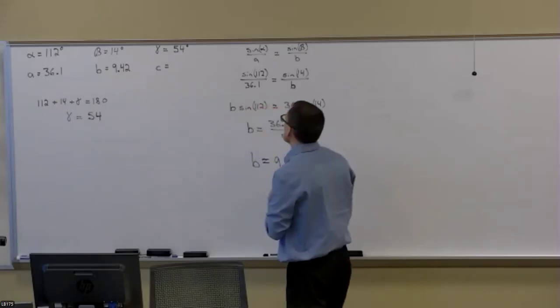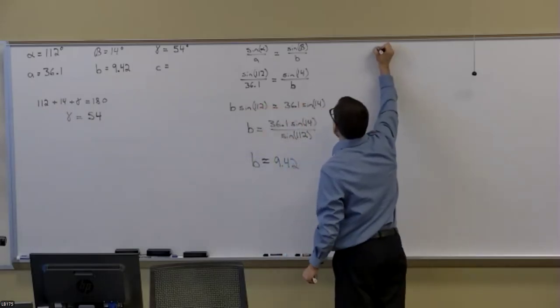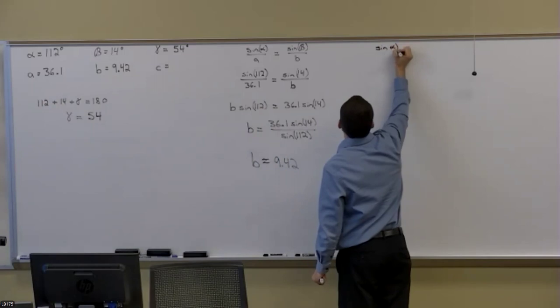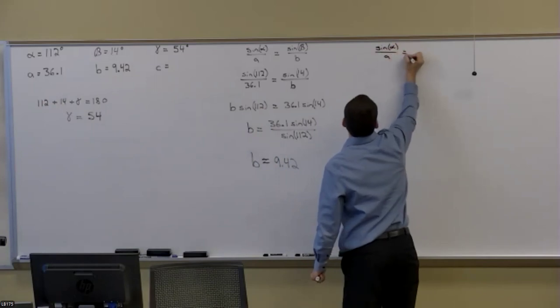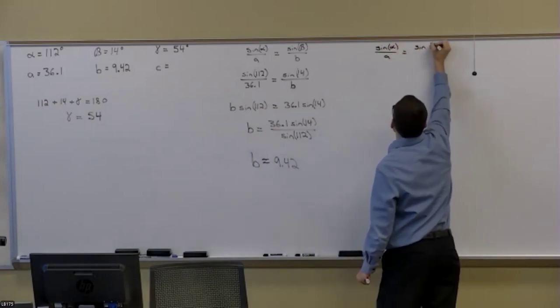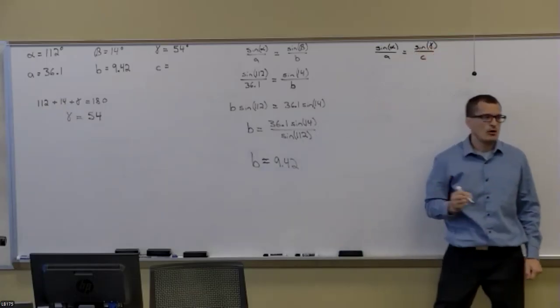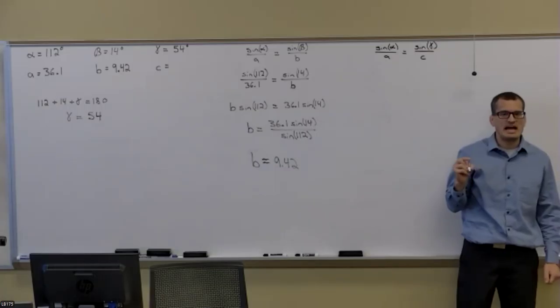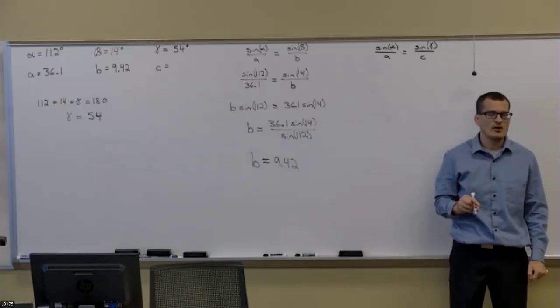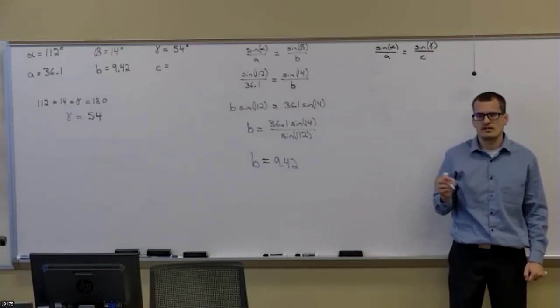So what I would probably do to find C is use the sine of alpha over A equals the sine of gamma over C. That equality, because the alpha and the A were both given to me.